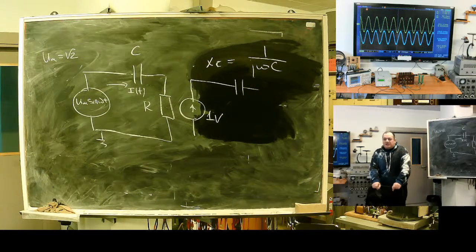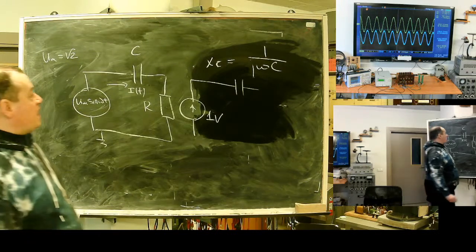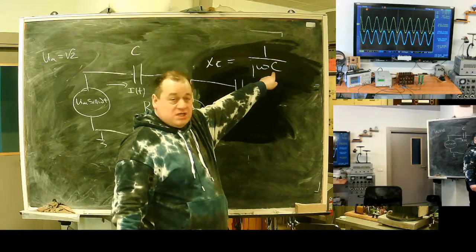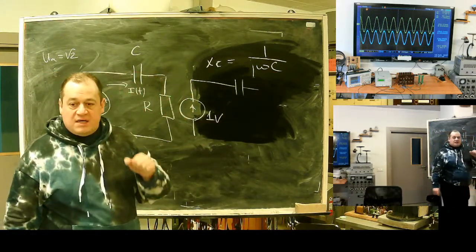Why am I writing it? If we integrate a sine, what do we get? Cosine. 1 over C, we saw it before the integral, the sum of all charges. The integral of the sine is cosine.